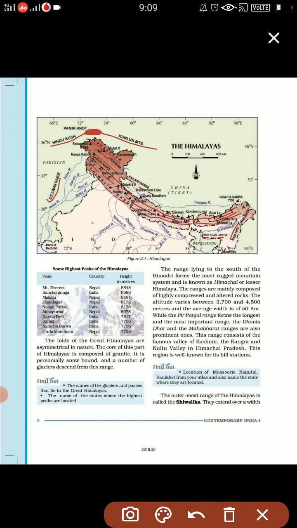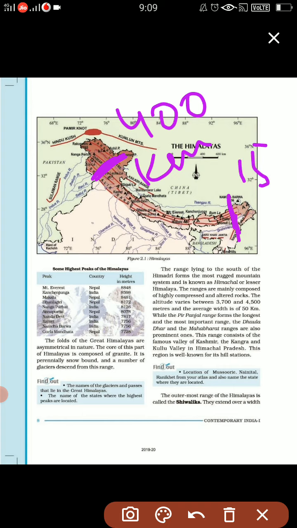If you look at them, the width here is more, and when you come here, the width becomes less. Here in Kashmir the width is 400 kilometers, and here it is 150 kilometers.